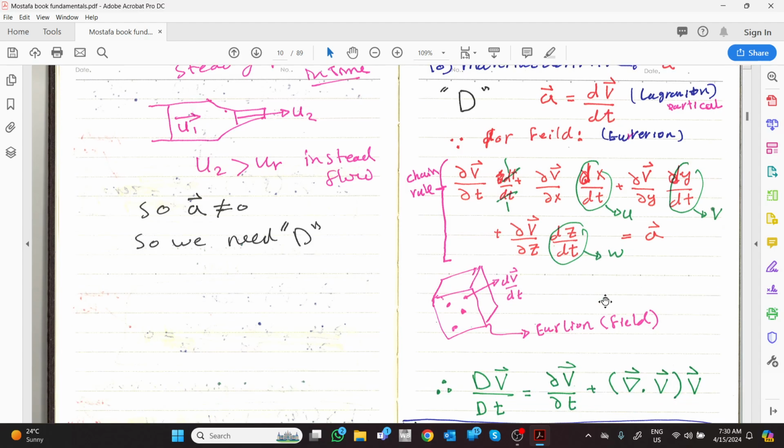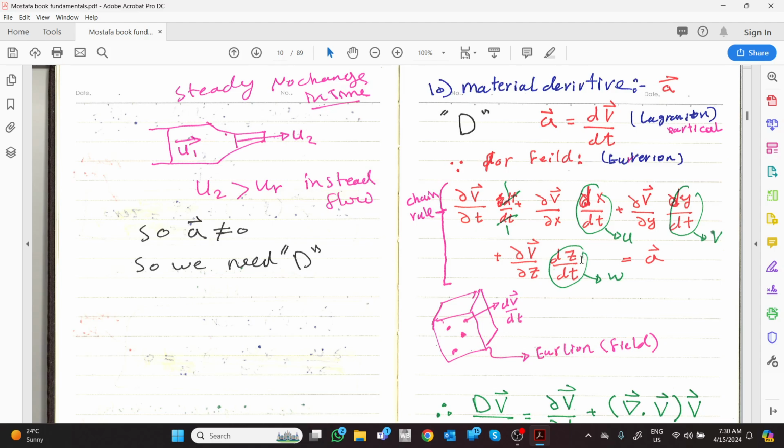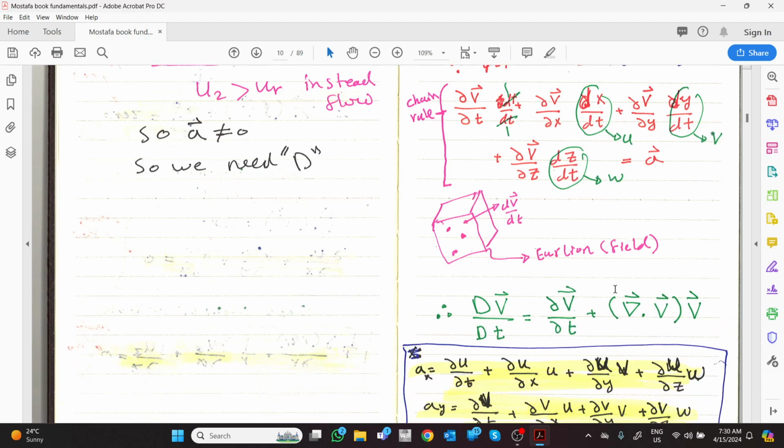But remember, gradient of the velocity multiplied by the velocity vector, which means u, v, and w. Now concentrate. Gradient of v, the gradient rule of v, which means if it is in x, we are going to use u. If it is in y, we're going to use v. If it is in z direction, I'm going to use w.